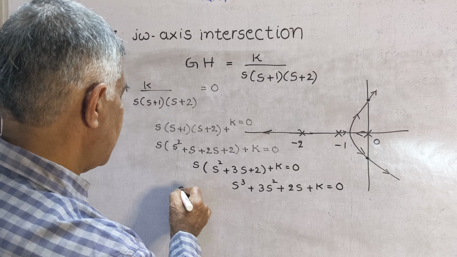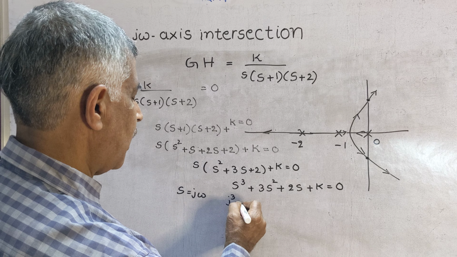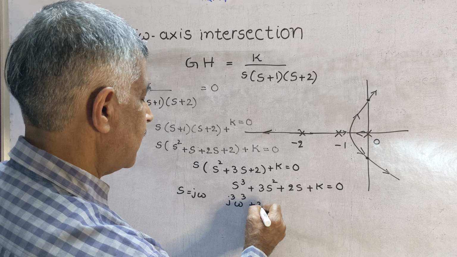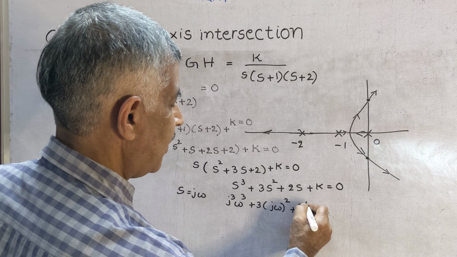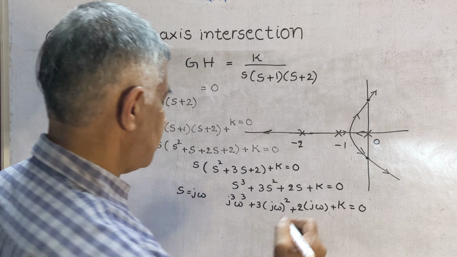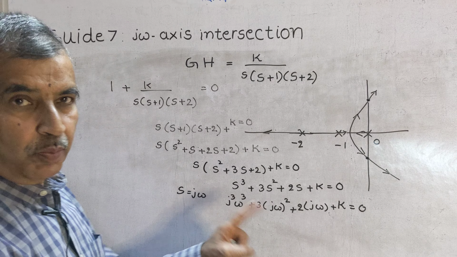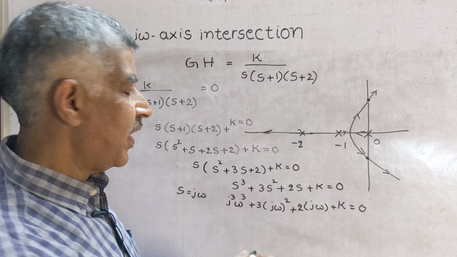Then substitute s equal to j omega. j cube omega cube plus 3 j squared omega square plus 2j omega plus k equal to 0. j cube means j squared into j, and j squared is minus 1.